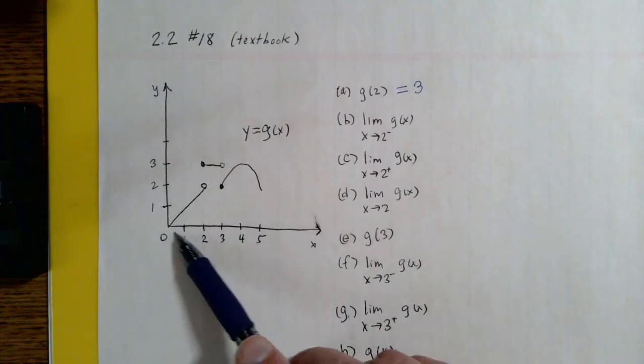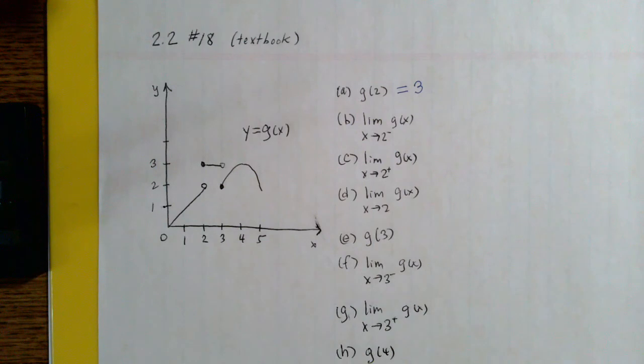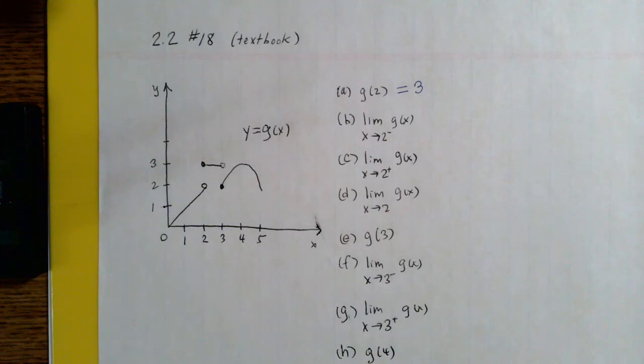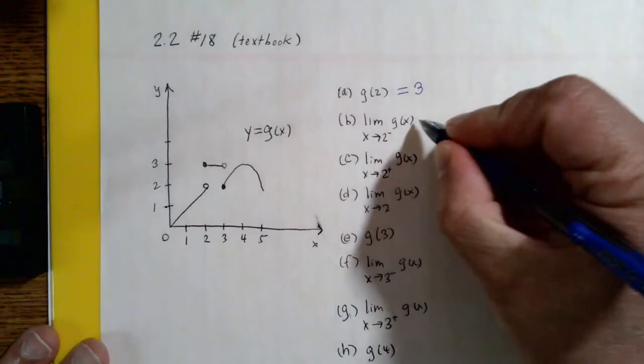As we move toward 2 for x, the height of the graph is approaching 2. It doesn't matter that the function does not actually attain the value 2 there. What's important is where the function is heading as we approach 2 from the left. So the answer to this is 2.